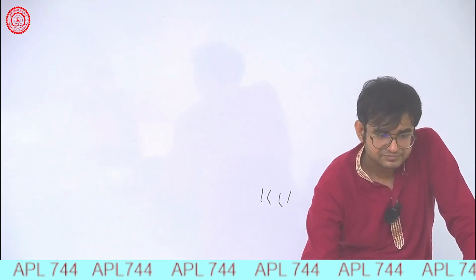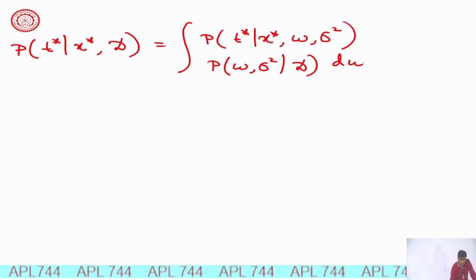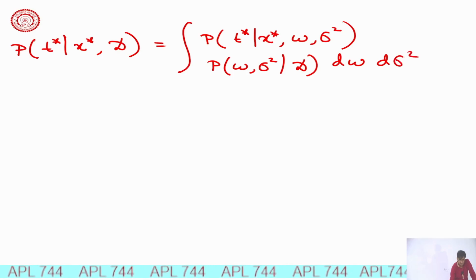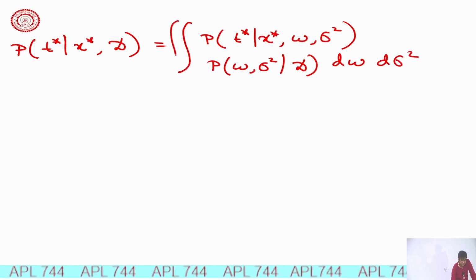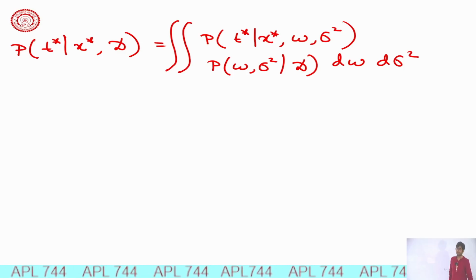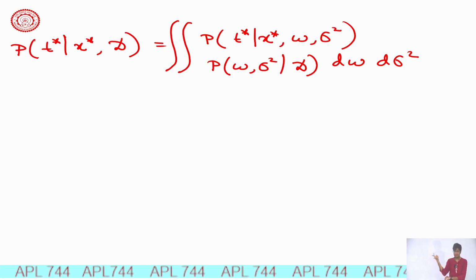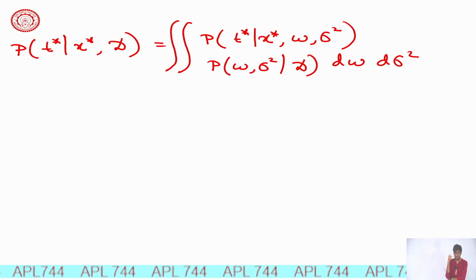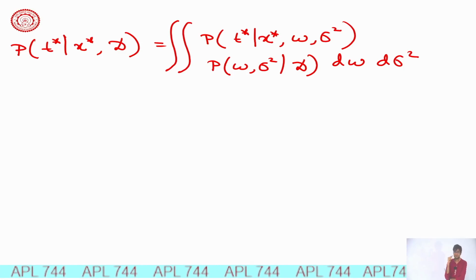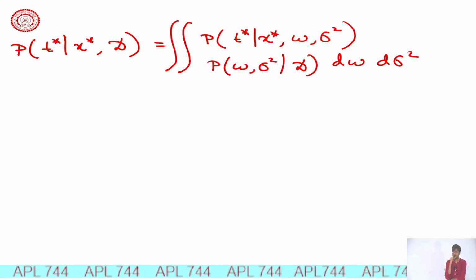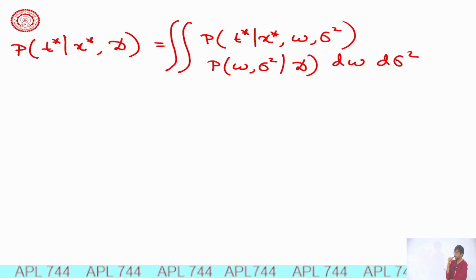dW d sigma square, so there should be another integration. One for W, one for sigma square. Can you tell me how many integrations actually are there? I have written 2, but actually how many? K plus 2.